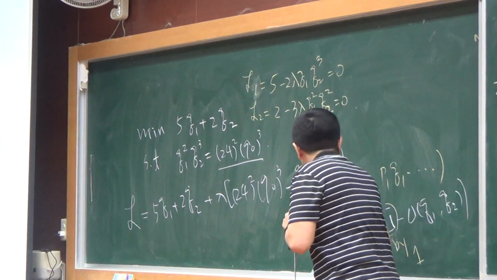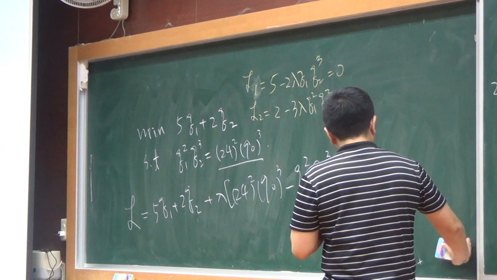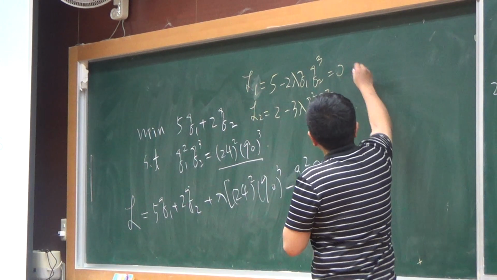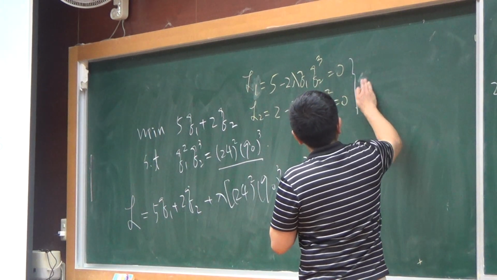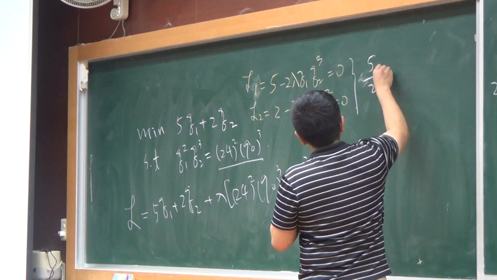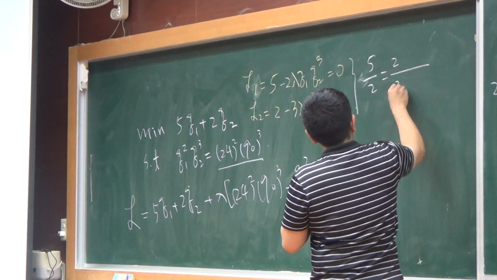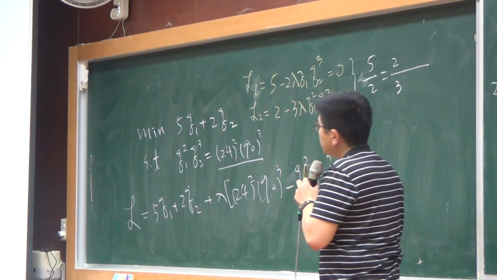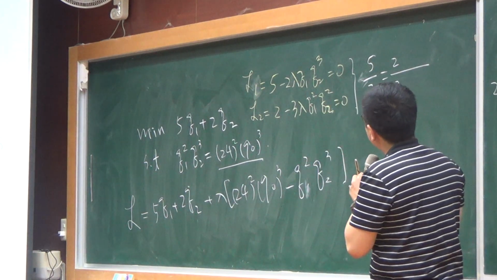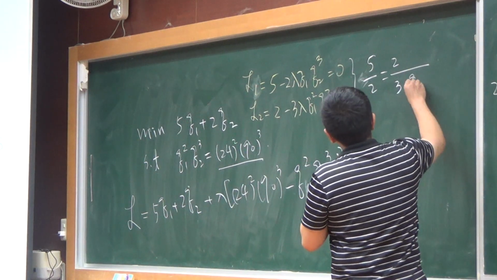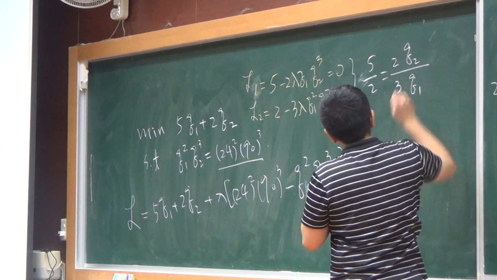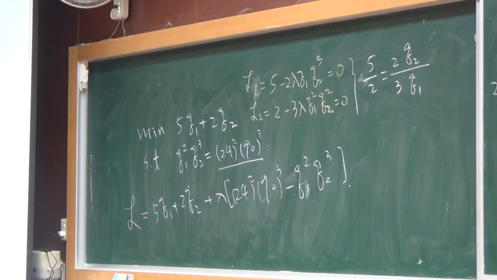Okay? And 5 over 2 equals 2 over 3, and lambda is cancelled, and Q1, Q2, right?